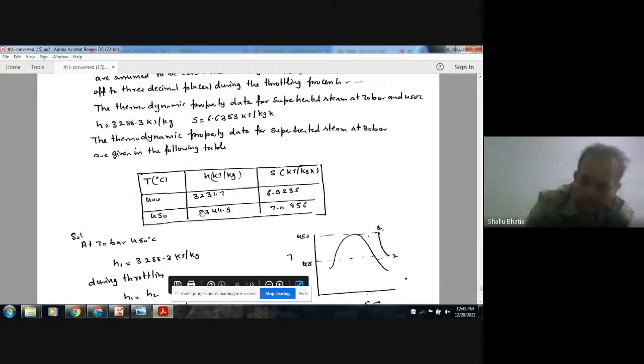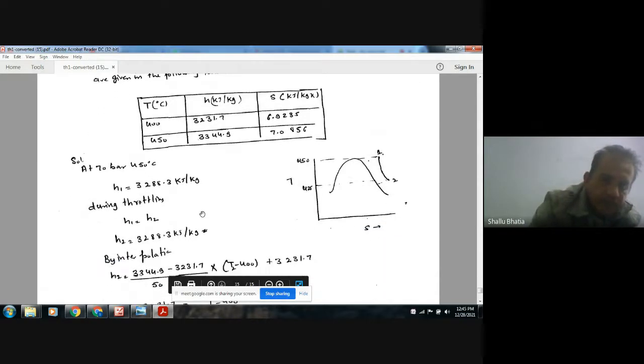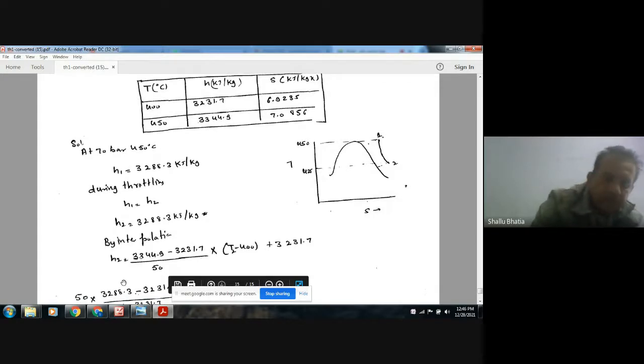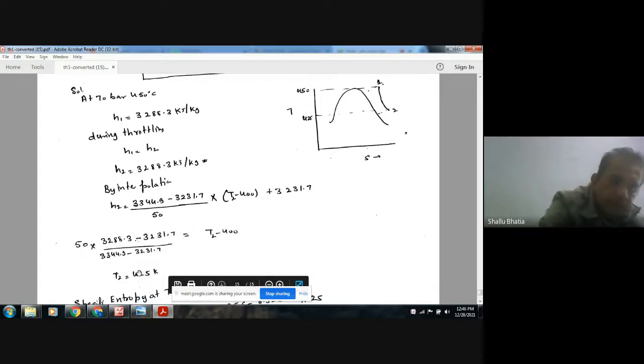By using interpolation, equating H1 to H2, the difference is 50, and let T2 be the temperature at which the enthalpy is this. Putting 3231.7, T2 minus 400 by 50 into this difference, we can get T2, by putting H2 equal to this quantity.